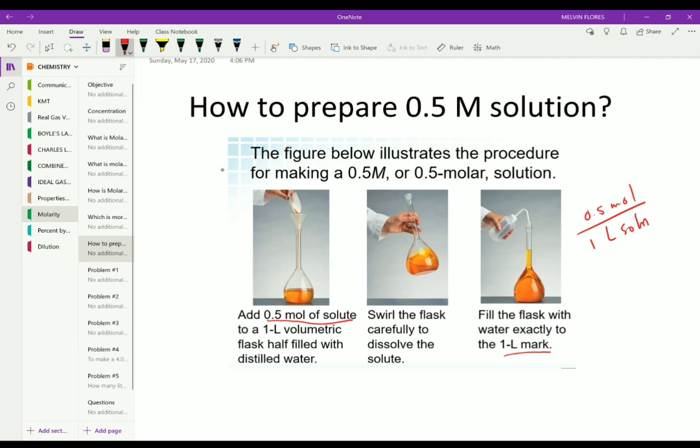So you're going to fill with water until you reach the 1 liter mark. That's why it's important that your flask is actually 1 liter or more in calibration or in volume. Okay, it can actually accommodate 1 liter volume.